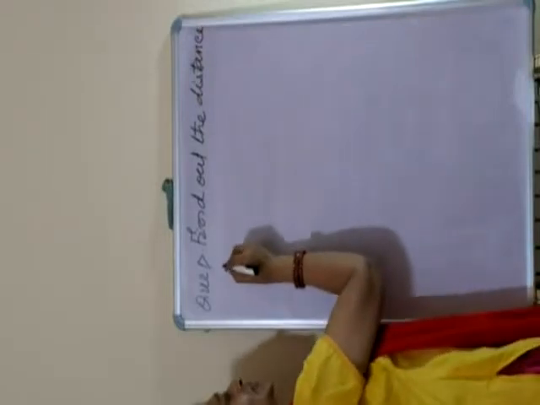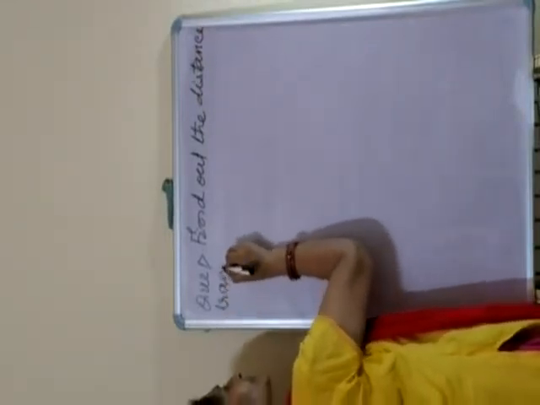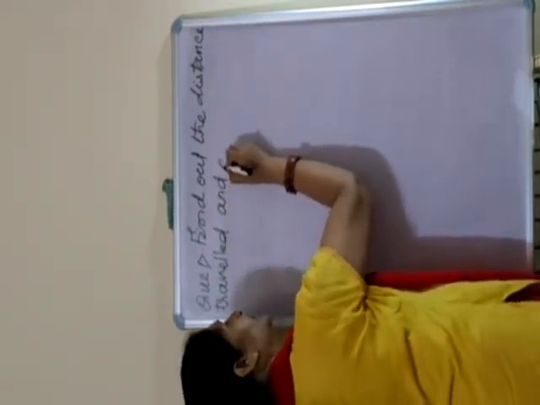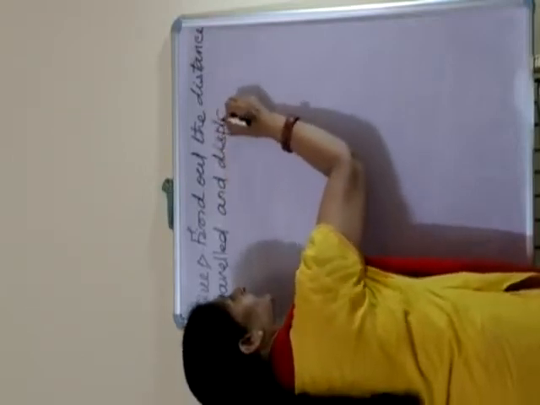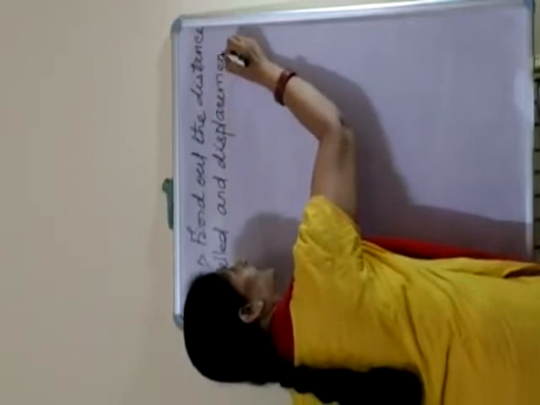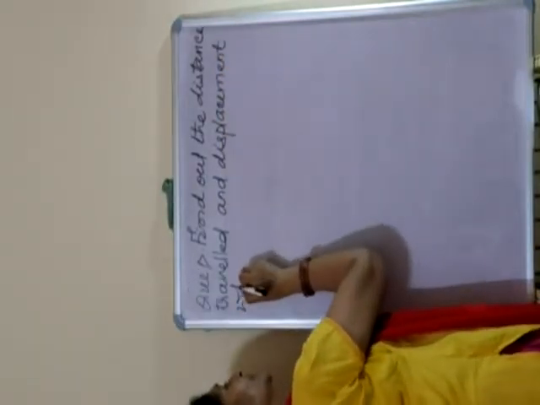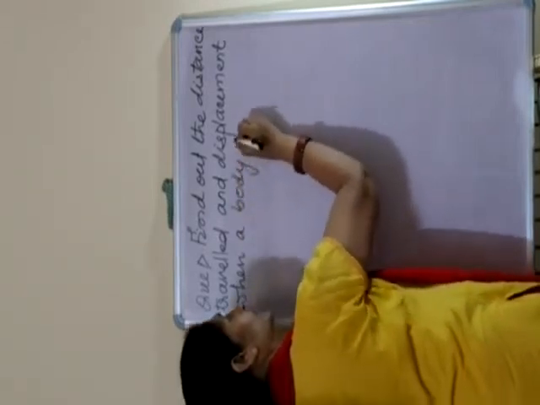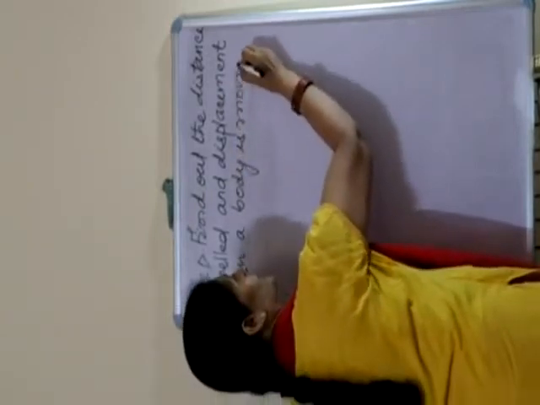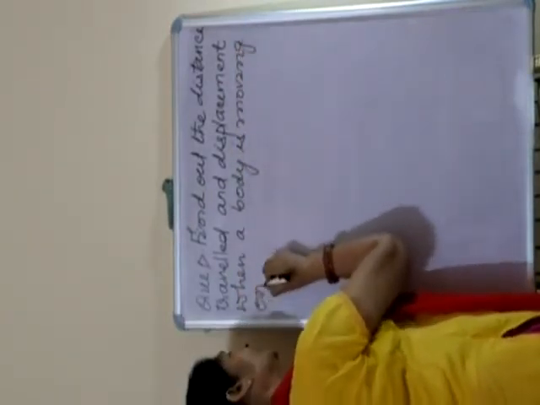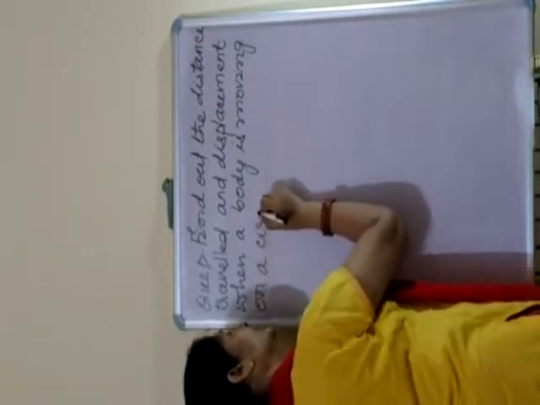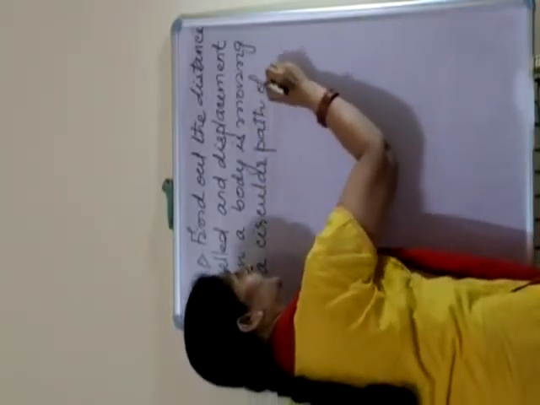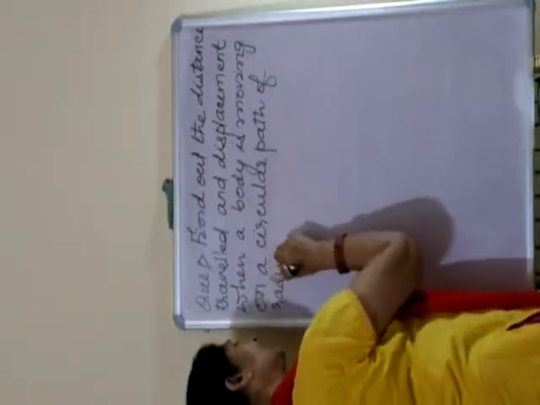Find out the distance traveled and displacement when a body is moving on a circular path of radius r.